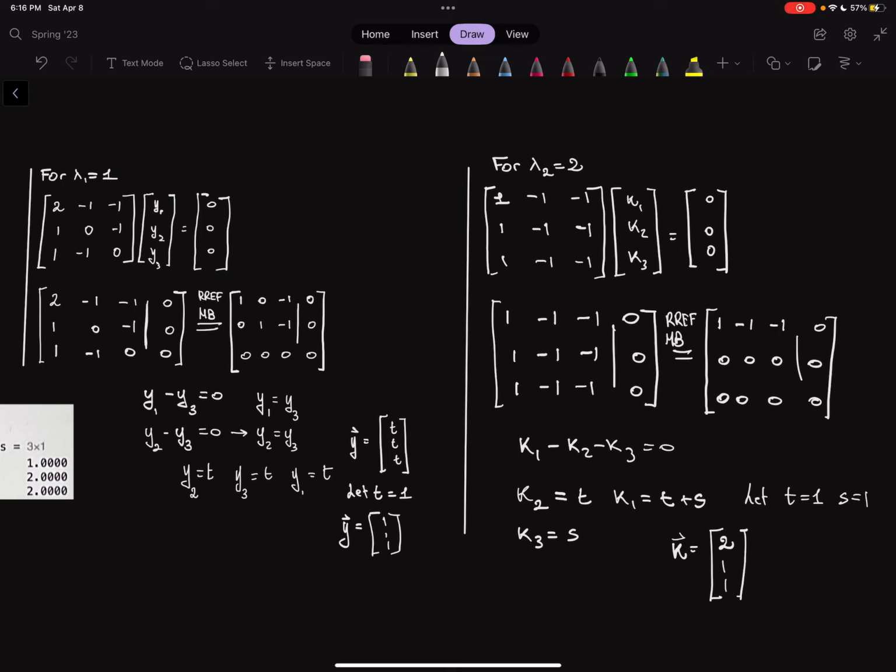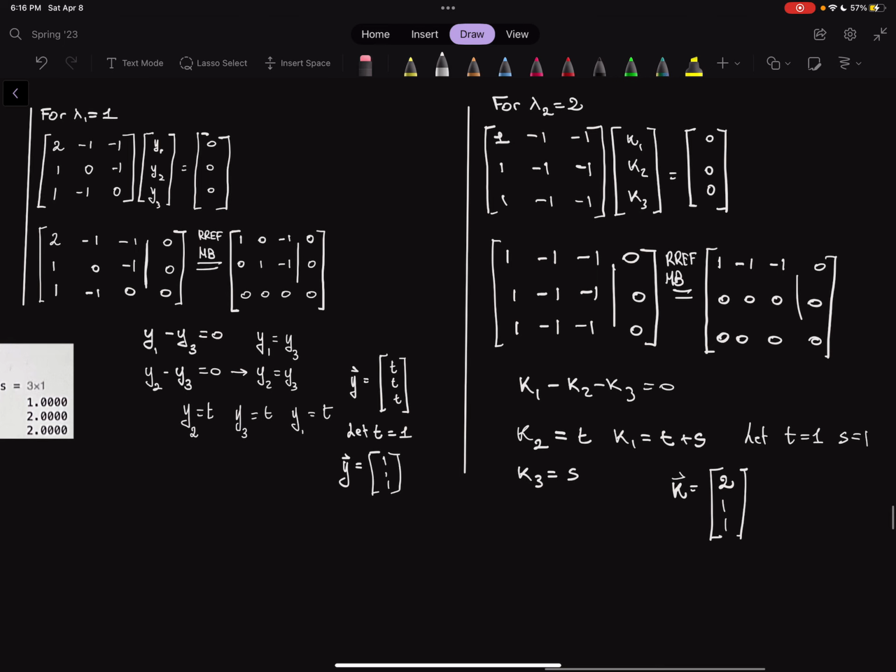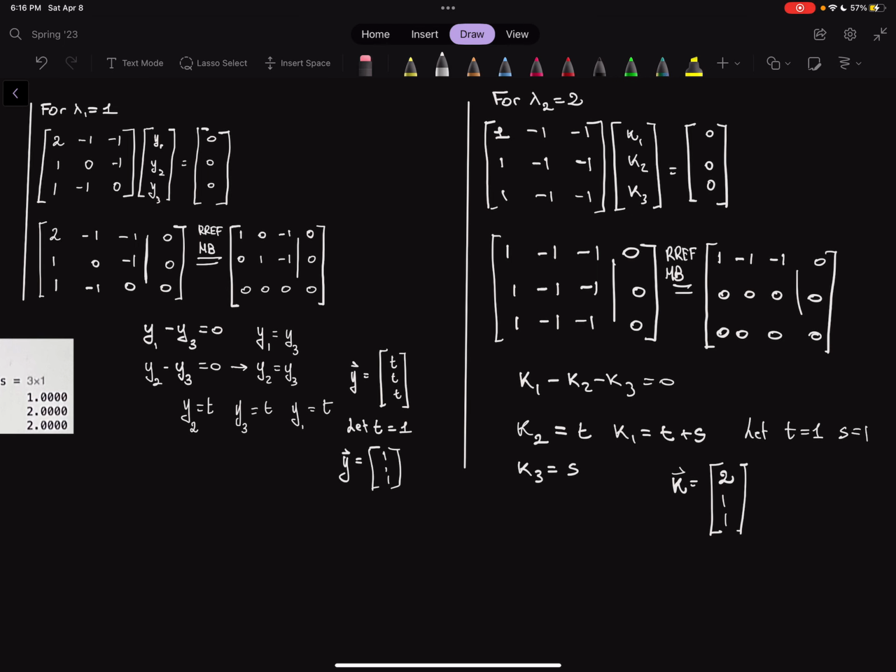So here we find another vector. But are we able to find another linearly independent vector in this situation?